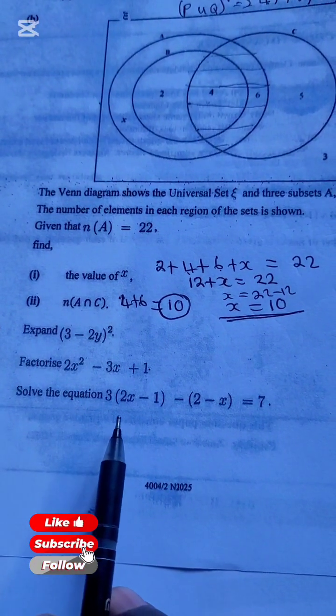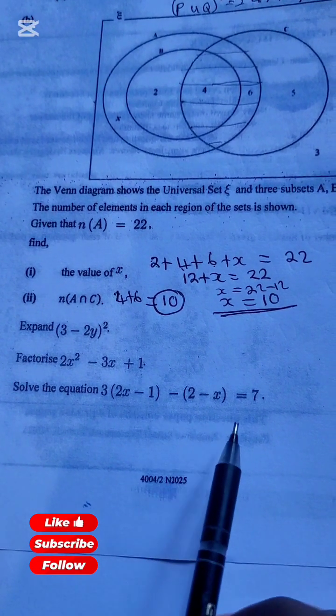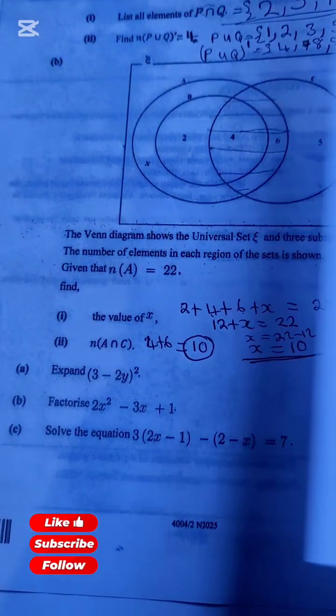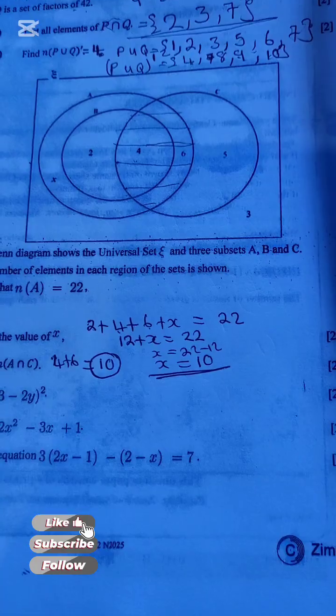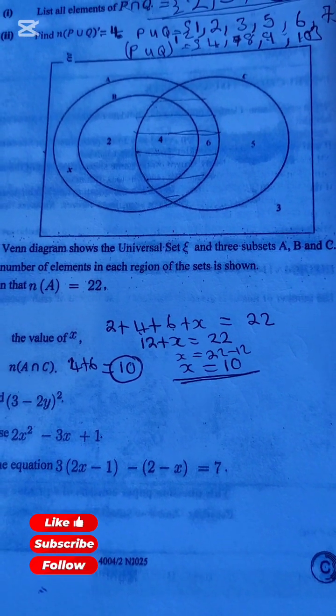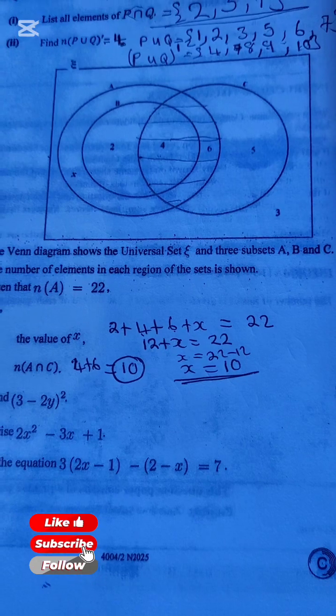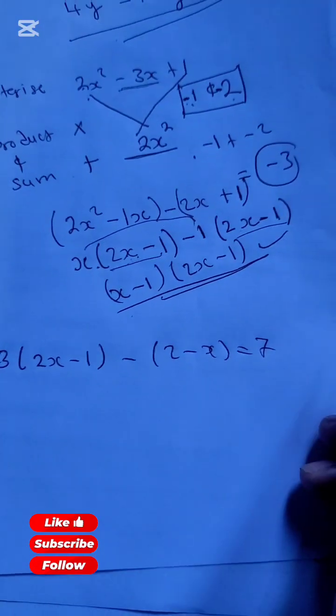Solve the equation 3(2x minus 1) minus (2 minus x) is equal to 7. So I'm going to write it down here. 3(2x minus 1) minus (2 minus x) is equal to 7. So I want to find the value of x right here.